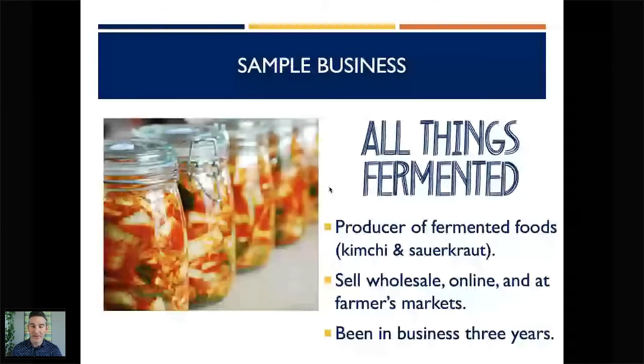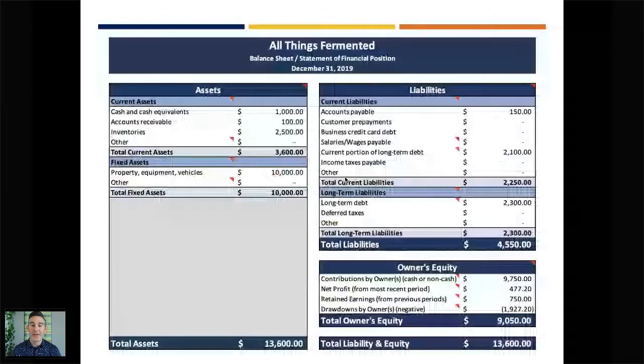So we are going to go through a little bit of a Q&A with this sample business, looking at their balance sheet. So I'll just throw that up here real quick. This is what their balance sheet looks like. And I just want to point out that you won't always see a balance sheet structured this way. We did it this way, where you have the assets on the left side of the equation and the liabilities and the owner's equity on the right side.